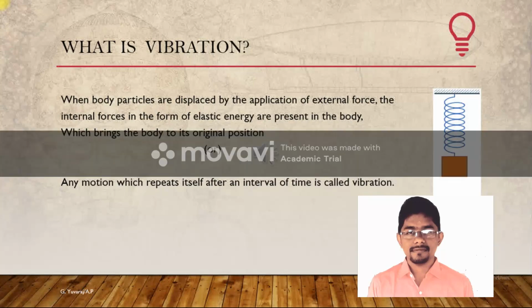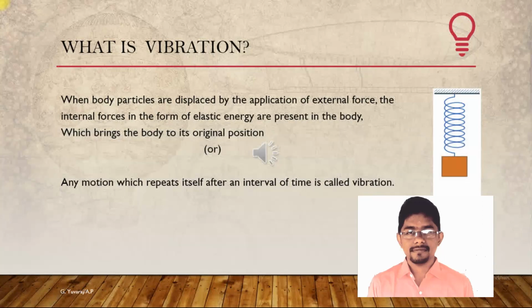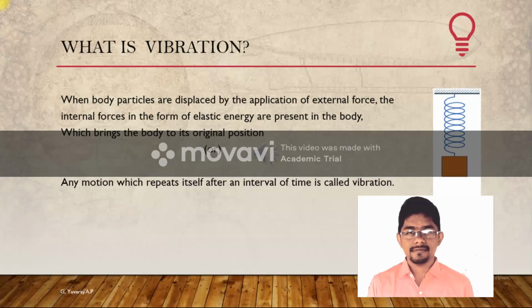Vibration takes place only due to elastic force. Suppose an object doesn't have any elastic force, that is, zero elastic force, then that body is considered a rigid body and it is a static object.